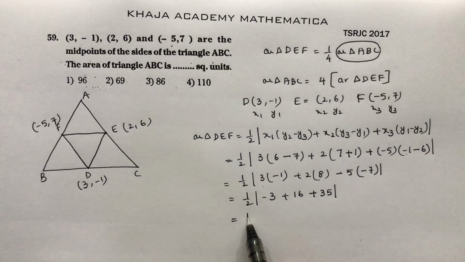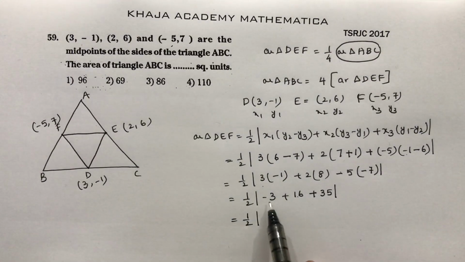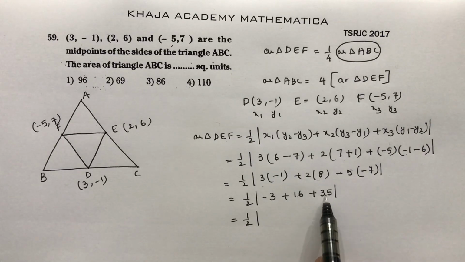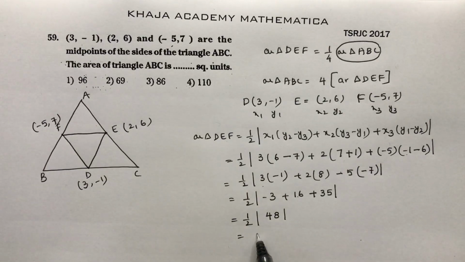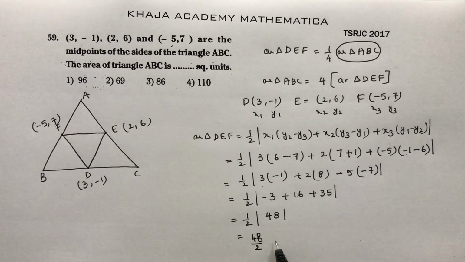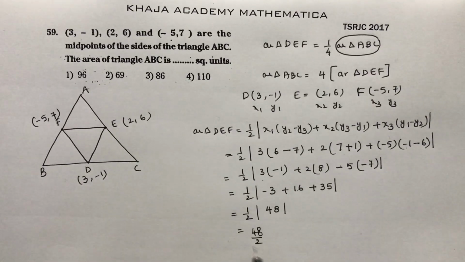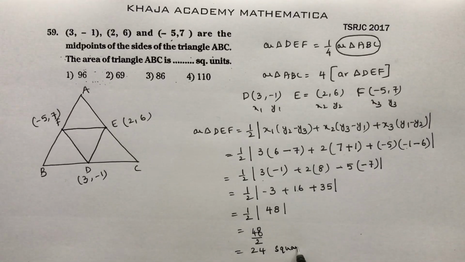So half mod, 16 minus 3 is 13. 13 plus 35 is 48. So half of 48, or you can write 48 by 2, is 24 square units.